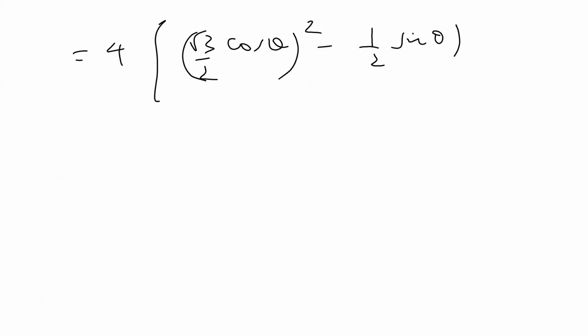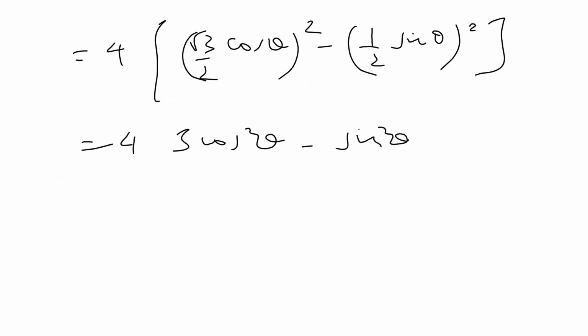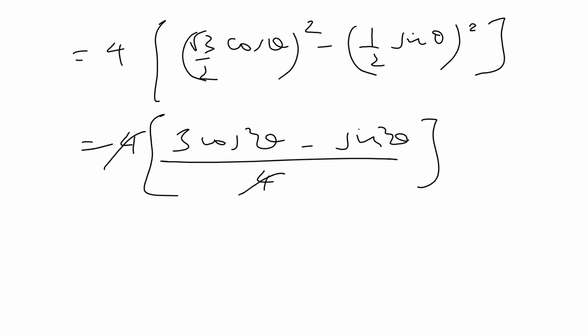So 4 into 3 cos square theta minus sin square theta upon 4. The 4 is getting cancelled. We have a common denominator 4 because 2 square is 4 for both the terms.